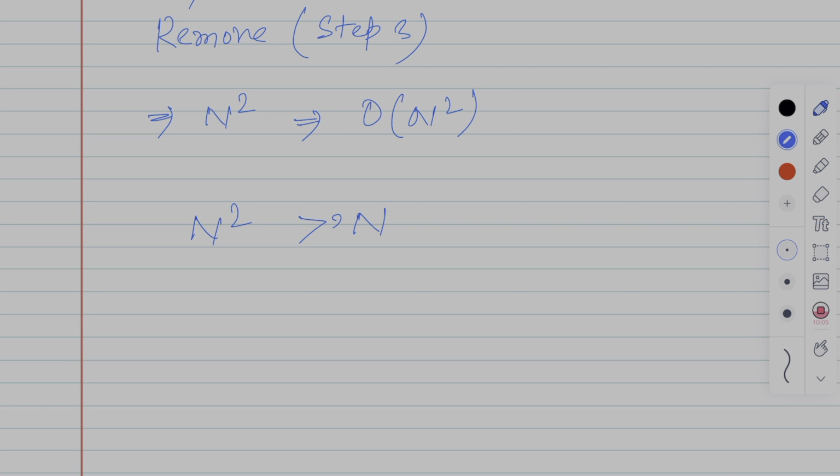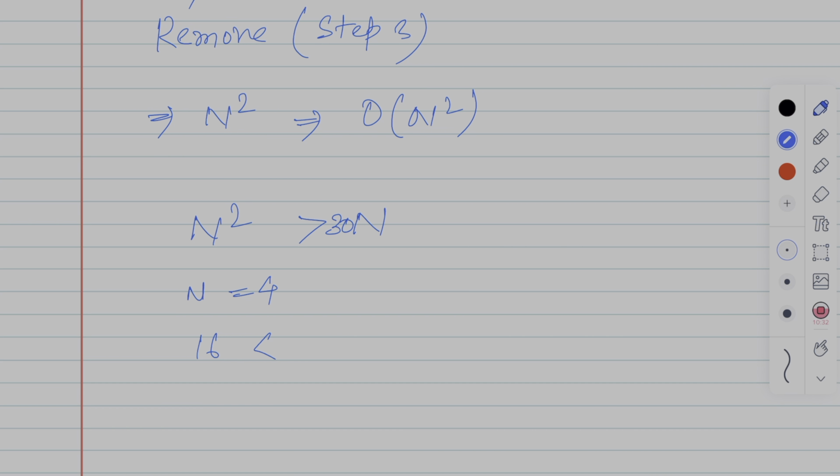This is because for larger inputs, n square will be growing at a much faster pace than 30n. For smaller inputs, for example, let's take a smaller input, 4. If we say n equals 4, we can calculate here. So n square will be 16, and 30n will be 120.